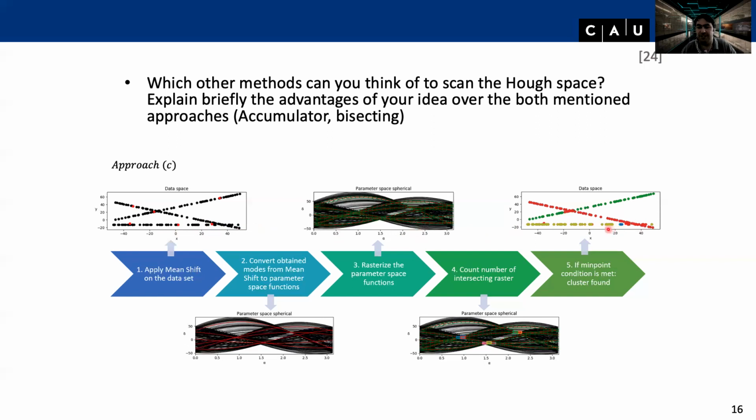So it is one way to dramatically reduce the computation because instead of looking at all of these dark lines, we only consider these red lines, and from these red lines we count how many overlaps or intersections of these rectangles we have.